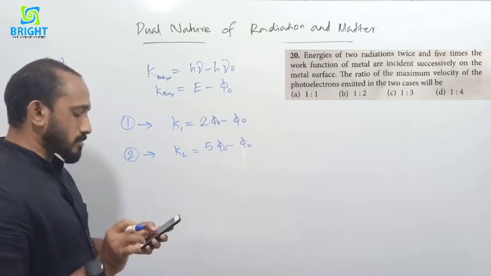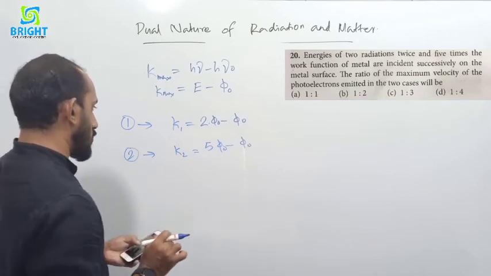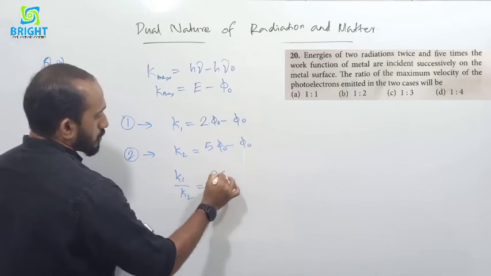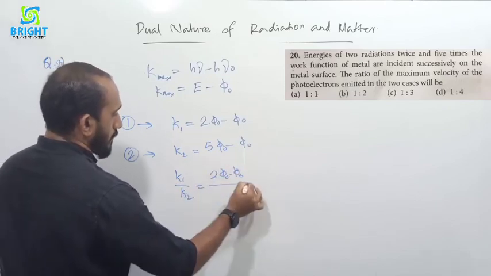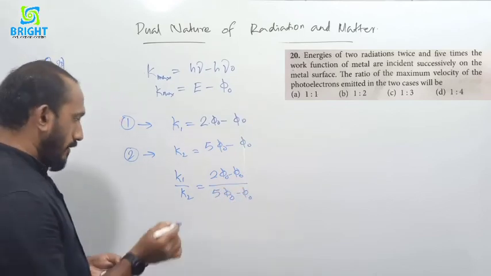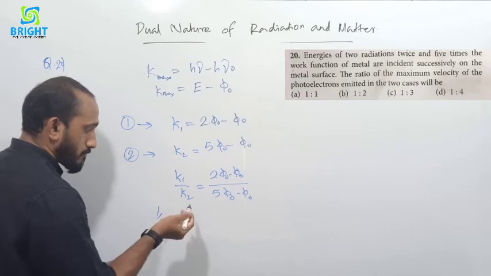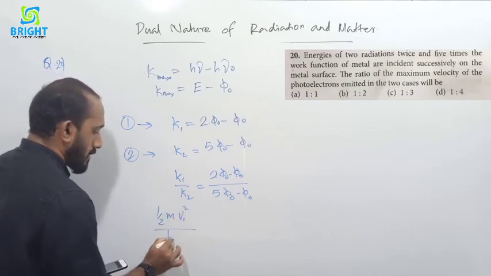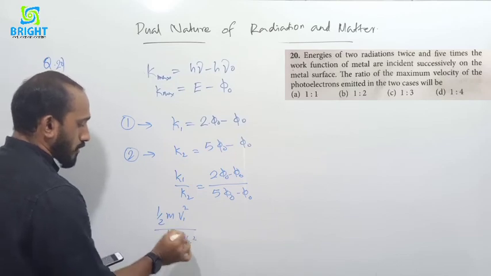Now the ratio of maximum velocity of the photoelectrons. K1 by K2 will be equal to 2 phi 0 minus phi 0 divided by 5 phi 0 minus phi 0. K1 by K2 means half m V1 square by half m V2 square.